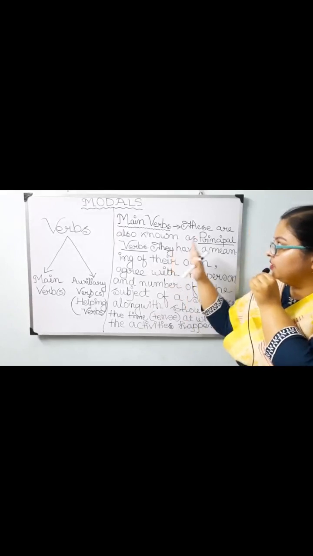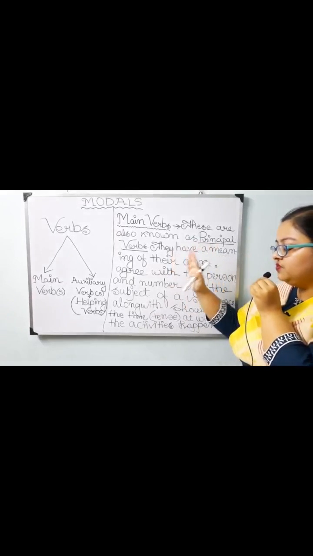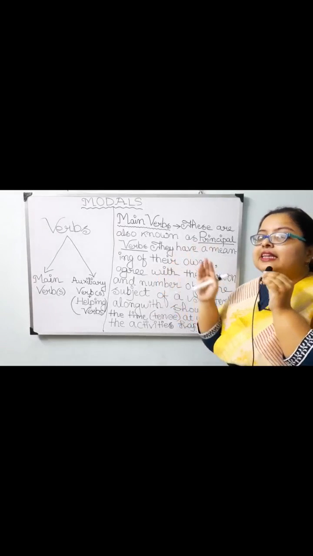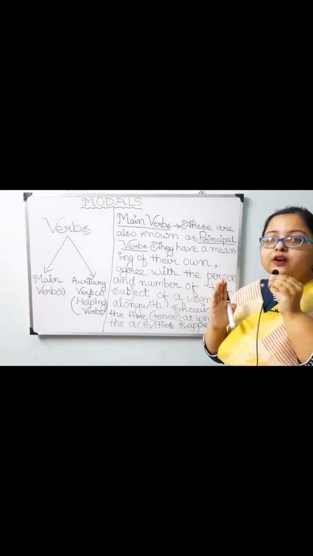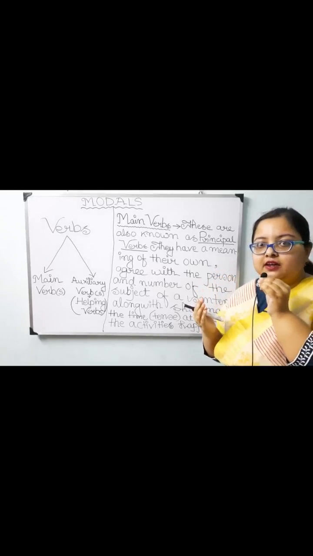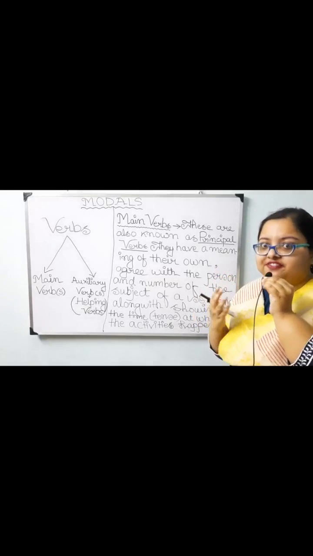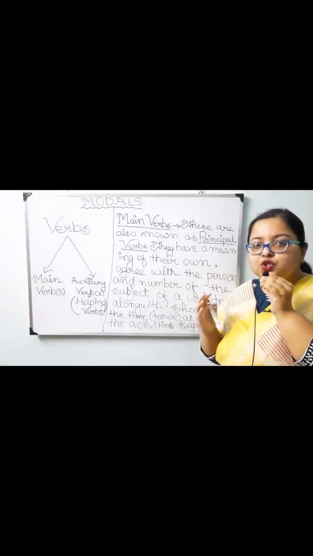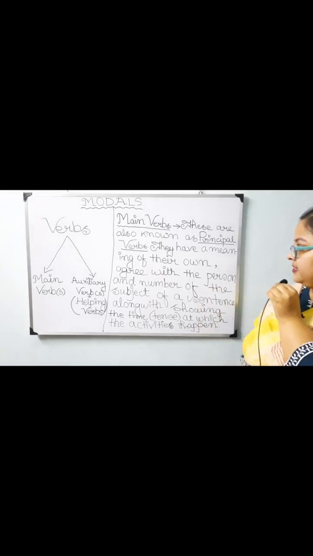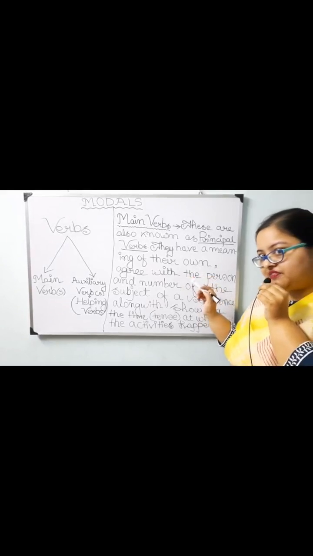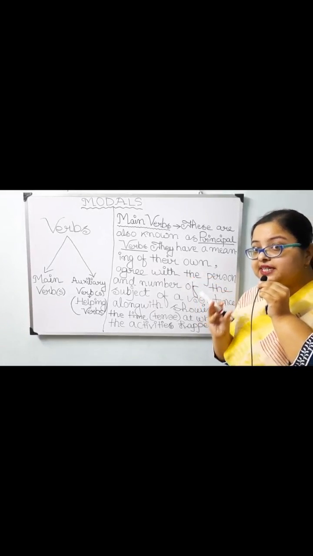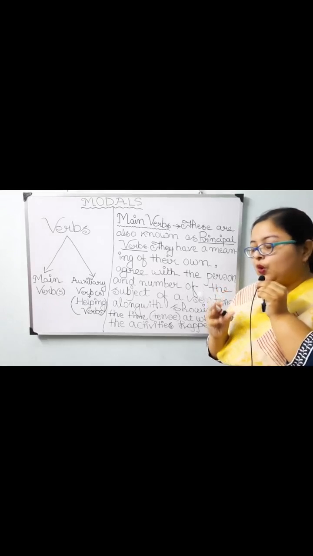Students, main verbs are known as principal verbs because they form the core or the basic meaning of a sentence. Now they have a meaning of their own already, which I have told you. So they have a particular meaning of their own.